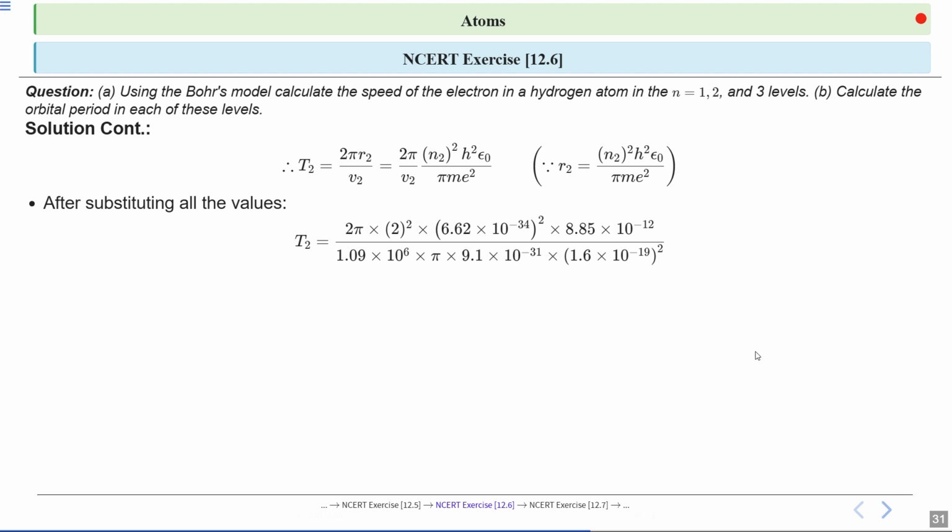Okay, this step by step substitution helps us keep track of each value and ensure accuracy in our calculation.